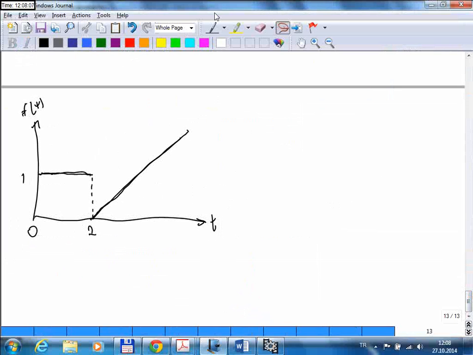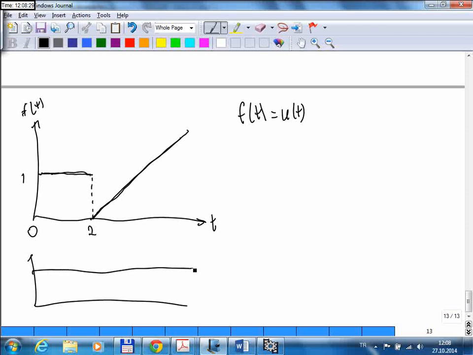Okay, so let's see. First, I have a part, an interval where the value of function is constant. Okay, but this is only in the 0 to 2 interval. So I can write this function as follows. This is equal to unit step function, which is this function.